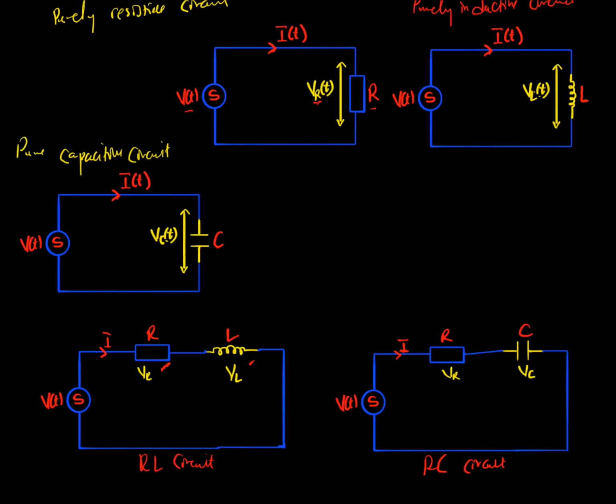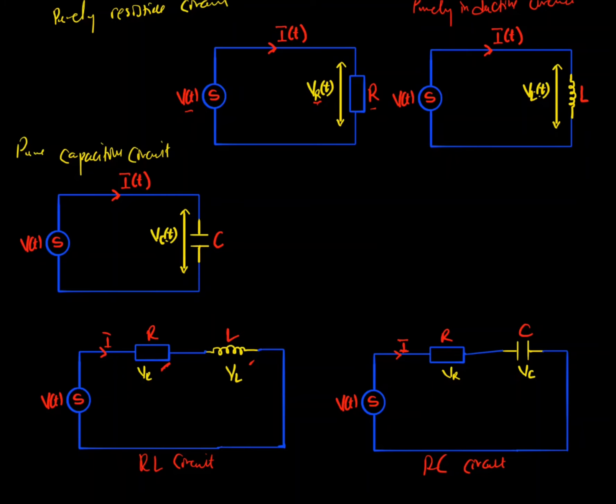In the RC case, we have only a capacitor and a resistor. So we try to find the total impedance in the circuit, their individual reactance, and the current flowing, and then also try to determine what is leading. Is it the current or the voltage that is leading in an RL circuit and also in the RC circuit?